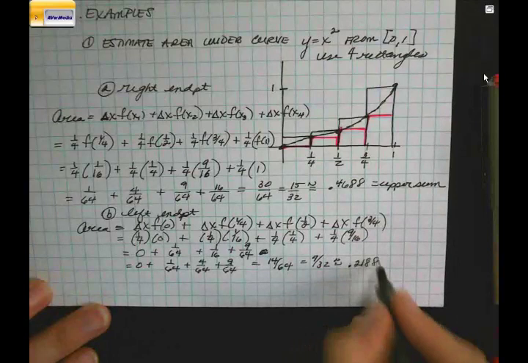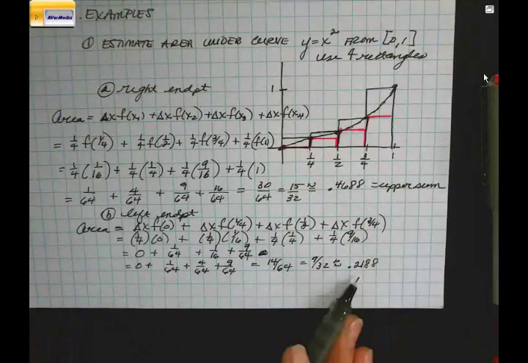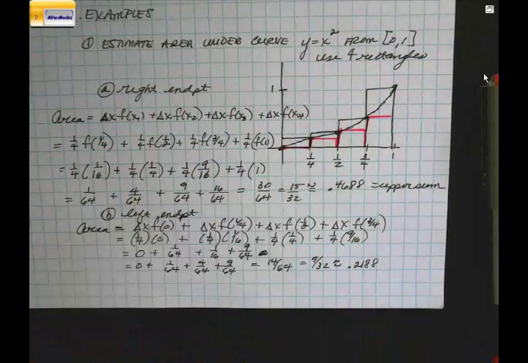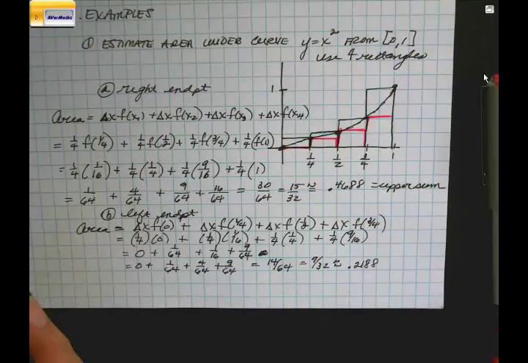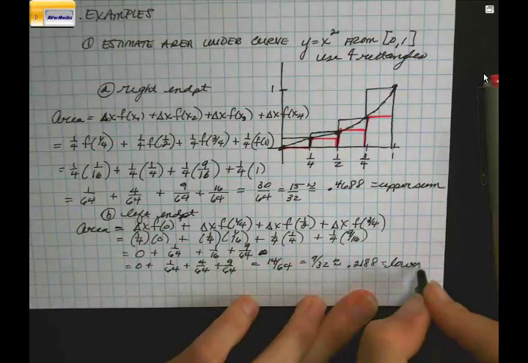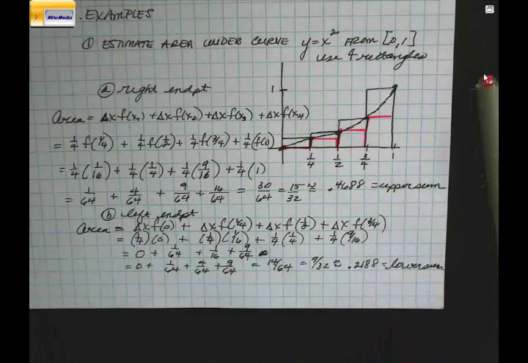Okay. So the true area is between 0.2188 and 0.4688. So about 0.3 something would be the true area under that curve. Now this again is considered the lower sum because the true area should be more than that.